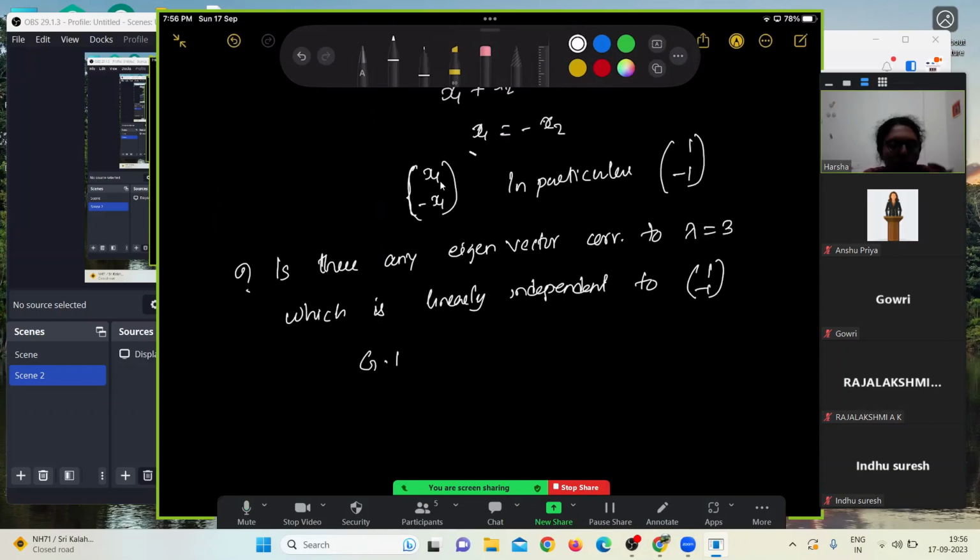So just one, x1 minus x1 or 1 minus 1, is enough to generate the whole eigenspace. The whole eigenspace is generated by just one element.